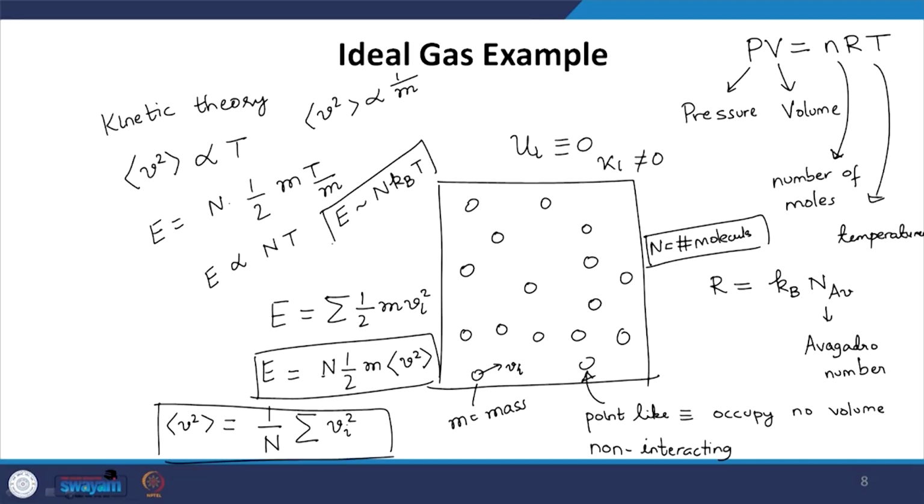If you do it formally, there are some prefactors here, and the prefactors can change whether the molecule is monoatomic or polyatomic or whatever, but the key idea remains the same. The energy is proportional to the number of molecules multiplied by temperature and the Boltzmann constant. The Boltzmann constant anyway is a constant.